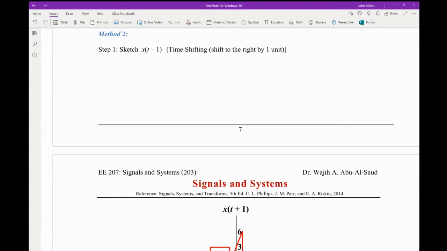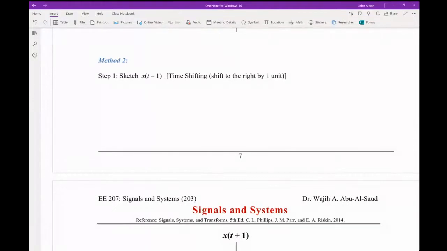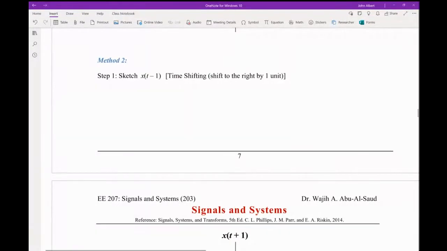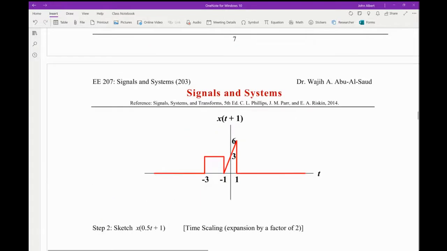Sorry, by the way, I made some mistakes yesterday and I corrected them. This should have been plus. What I have below is correct, but in here this should have been plus. So my apologies, this should be left by 1 unit. But what I have sketched there is accurate. It's just that the text that I have above is not correct.